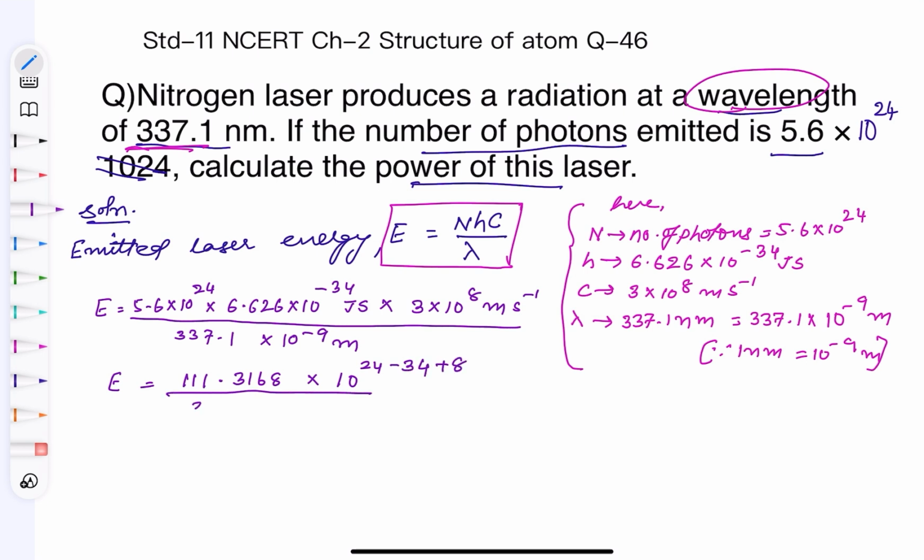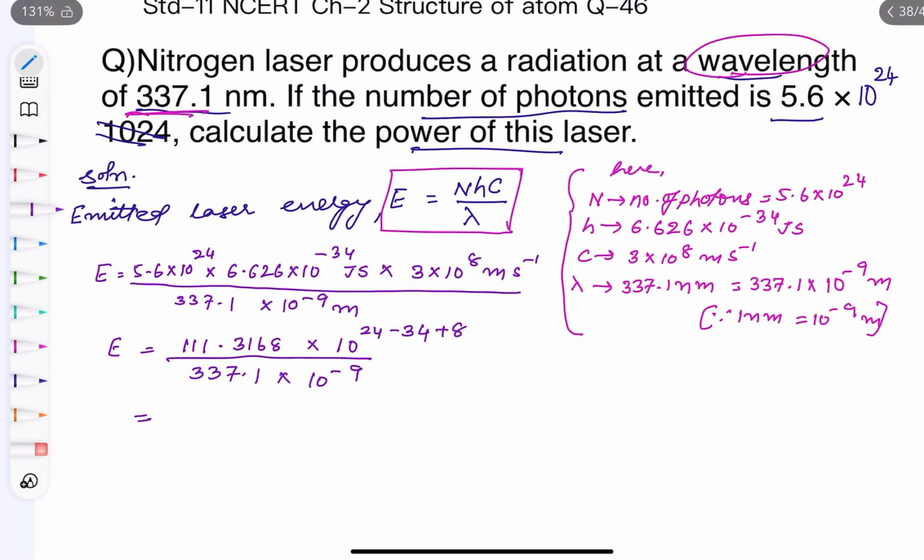In the division you have 337.1 into 10 to the power of minus 9. When you divide 111.316 by 337, you get 0.3302. Then 24 plus 8 gives 32, and 32 minus 34 gives 10 to the power of minus 2.